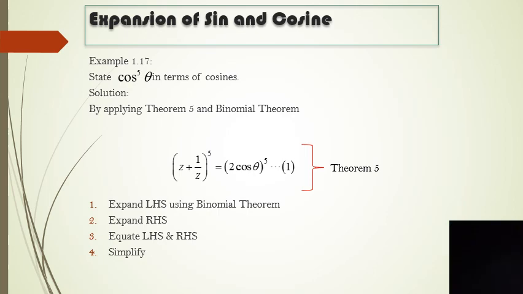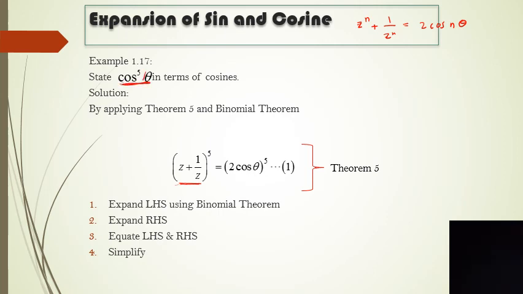So if you are wondering how we get this, it's from theorem 5 just now, which said z power n plus 1 over z power n is equal to 2 cos n theta. Since this one is cos, we take cos.